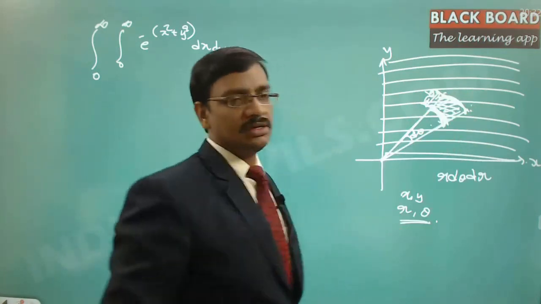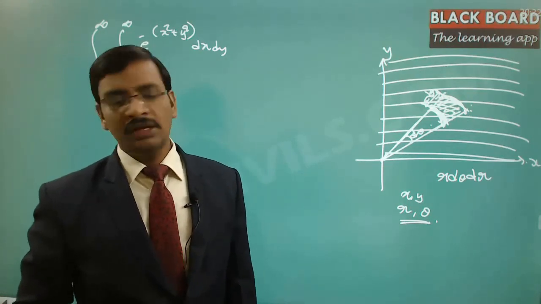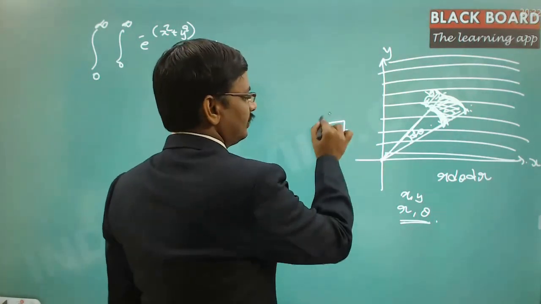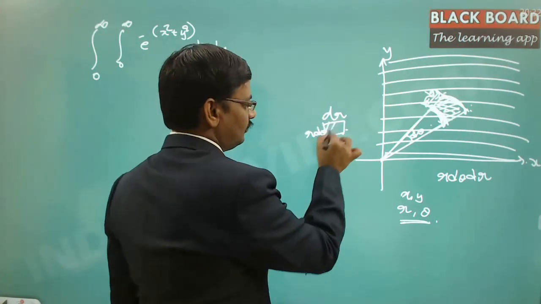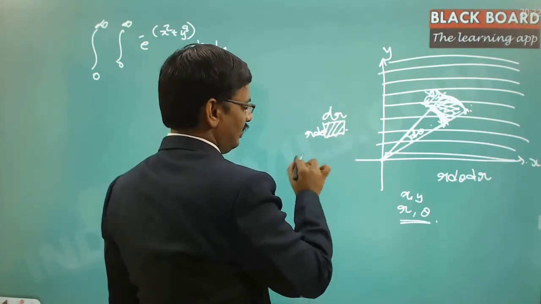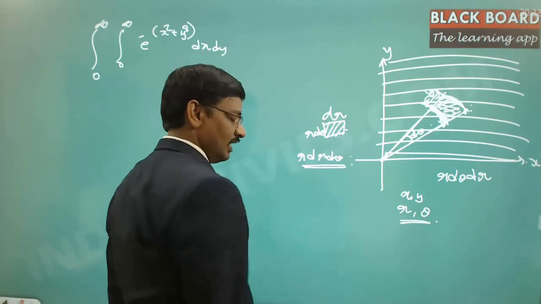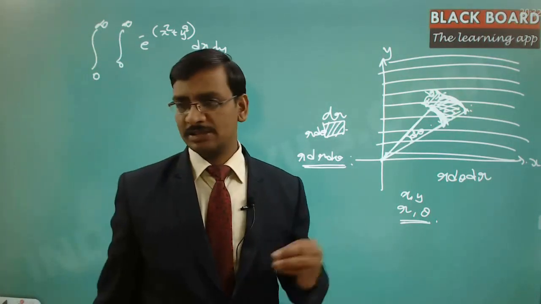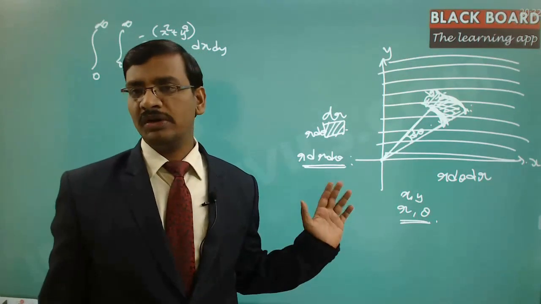As dr approaches 0 and d theta approaches 0, this can be approximated as a rectangle with a length of dr and a length of r d theta. The product of these two values is the elemental area, so this is r dr d theta. You can also calculate this by finding the Jacobian, which is the conversion from one coordinate system to another.